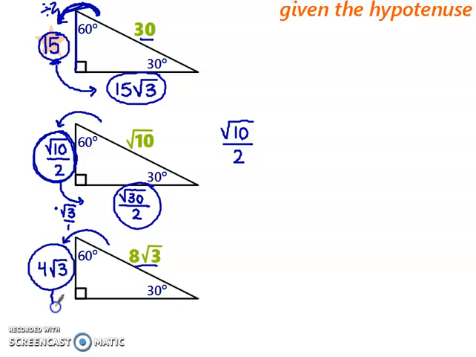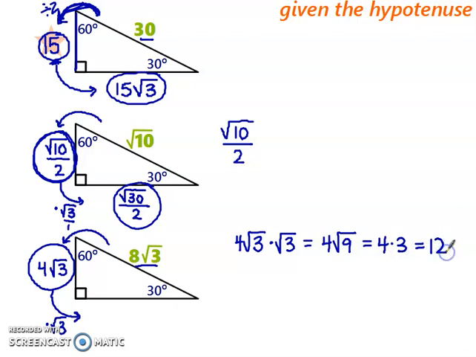And then once we know what that is, we're going to take that and multiply by that square root of 3. 4 times the square root of 3 times another square root of 3, which is kind of crazy. So 4 square root of 9. Can you do the square root of 9? So that side is just 12 inches long or something.